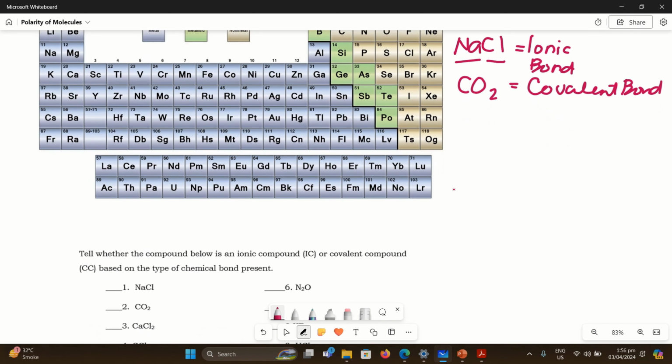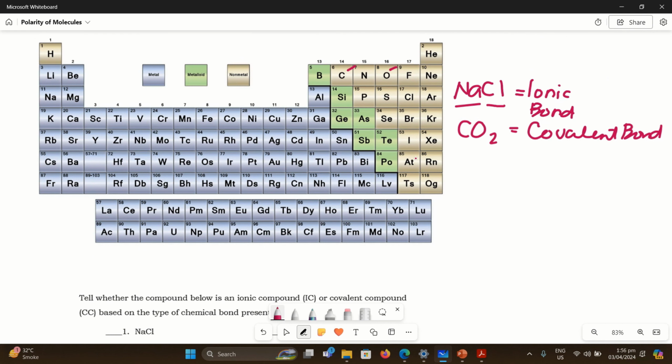Then number 3 is calcium chloride or CaCl2. So calcium is number 20, that is metal, and madidetermine mo na siya by that pag nalaman mo na metal na siya, so alam mo na it is an ionic bond.